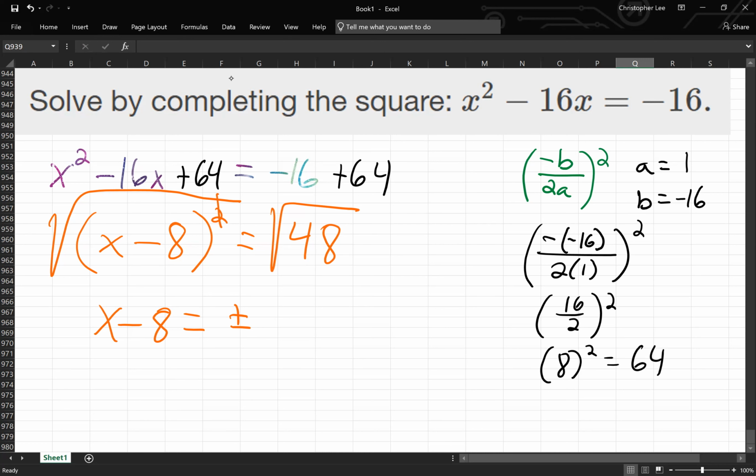What's the largest perfect square that goes into 48? 16, right? 16 times 3.